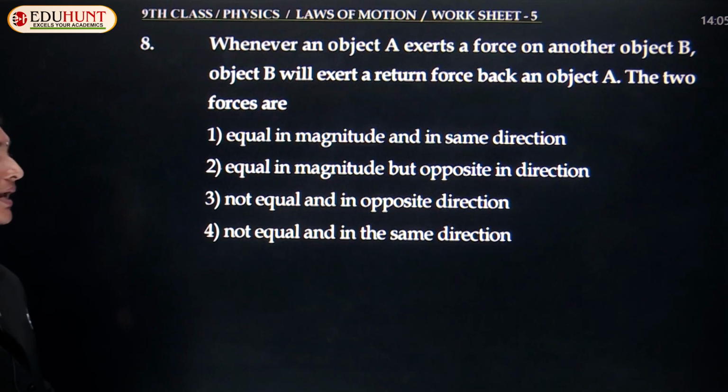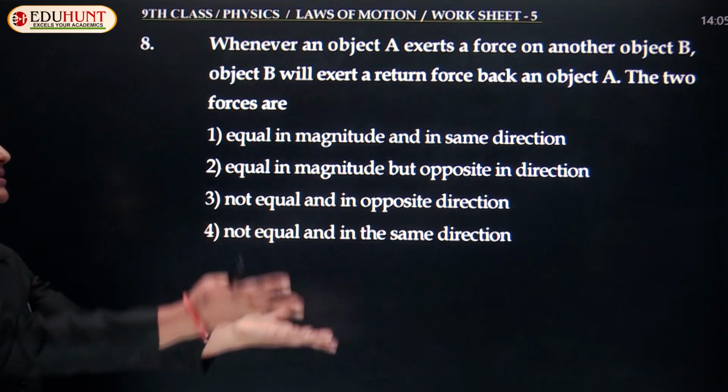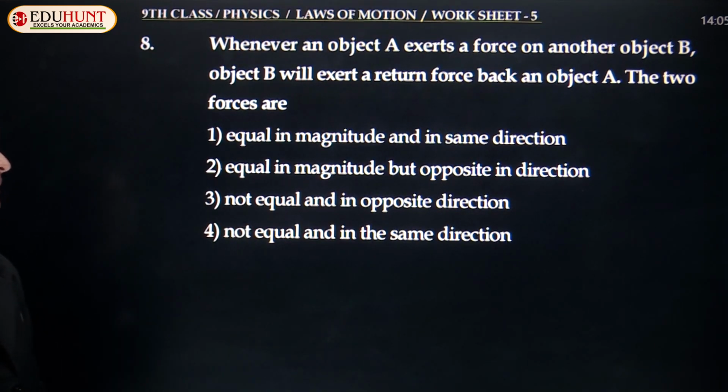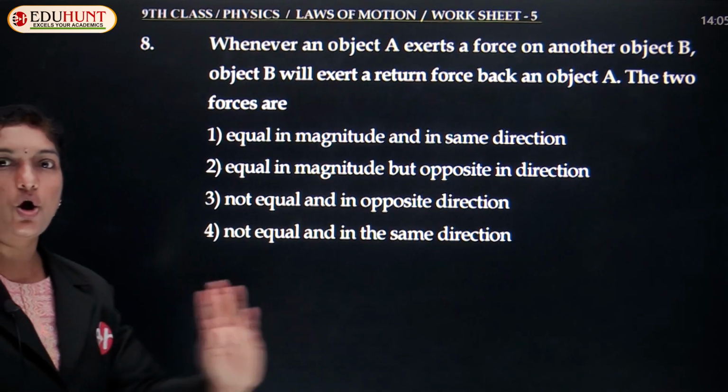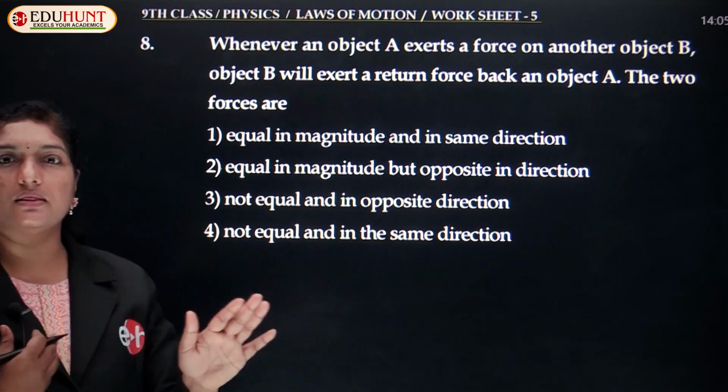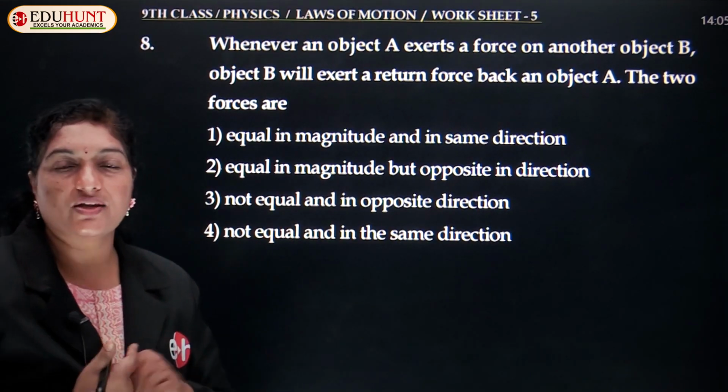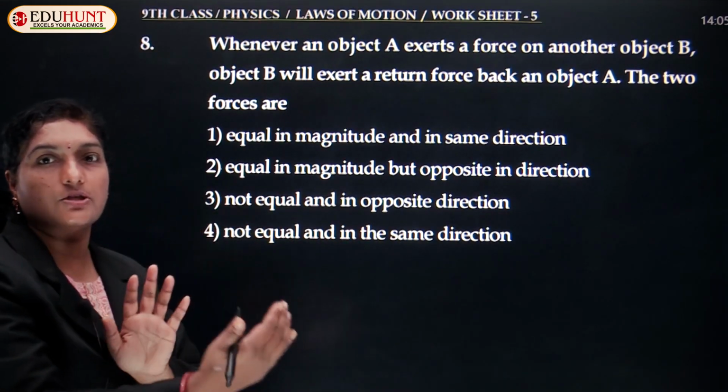Whenever an object A exerts a force on another object B, B will also exert a return force back on object A. The two forces, A on B and B on A, are equal and opposite to each other.